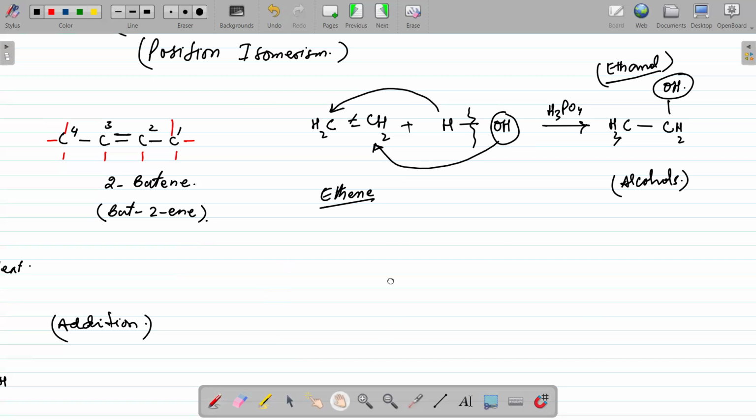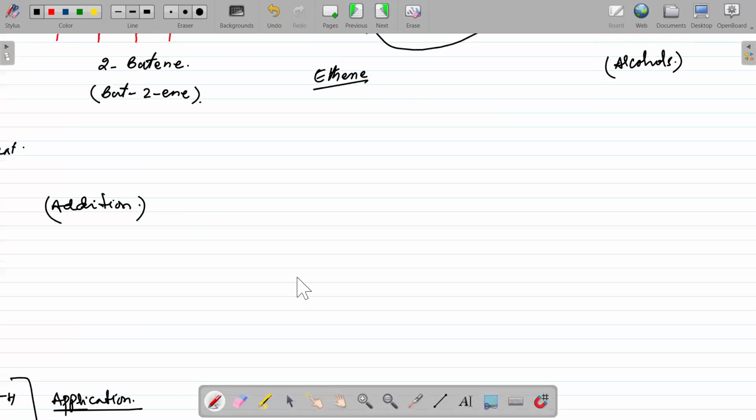And now another very important reaction of these unsaturated hydrocarbons, what is that? Their oxidation reaction. It is very important. It is known as oxidation reaction. We also call it hydroxylation, right?